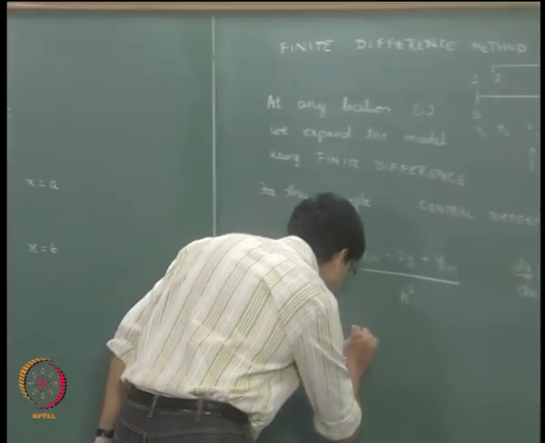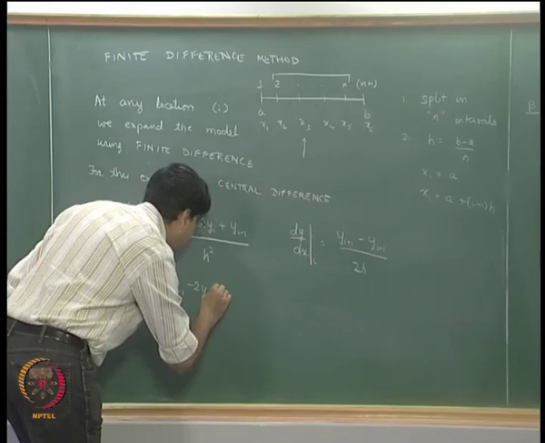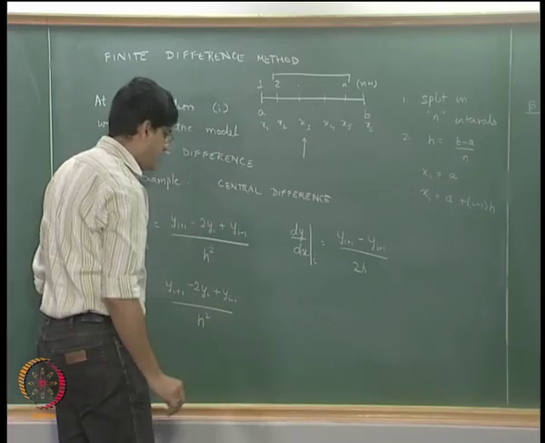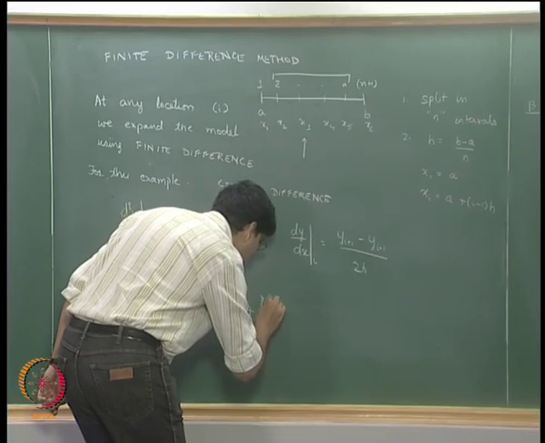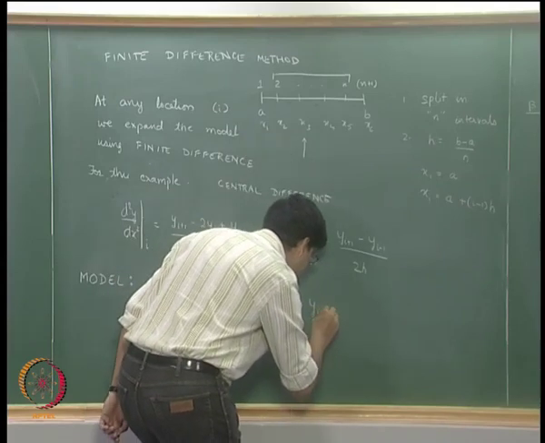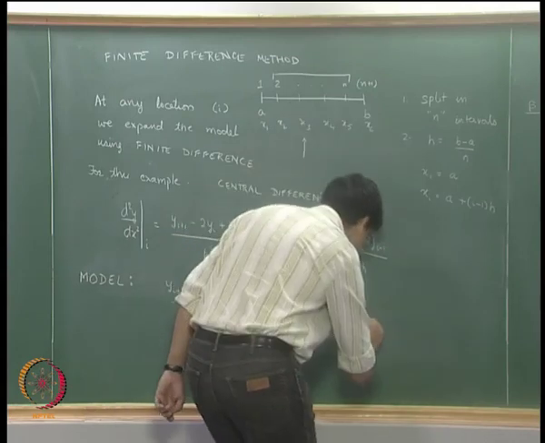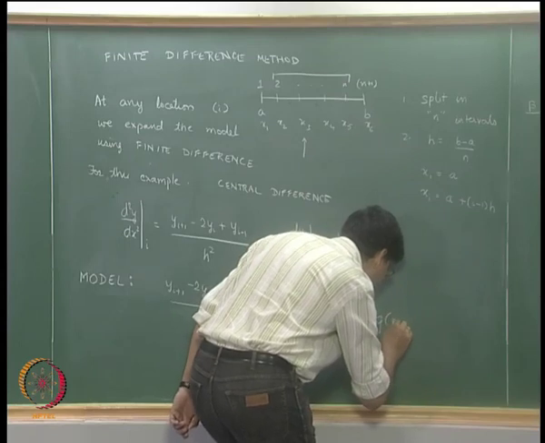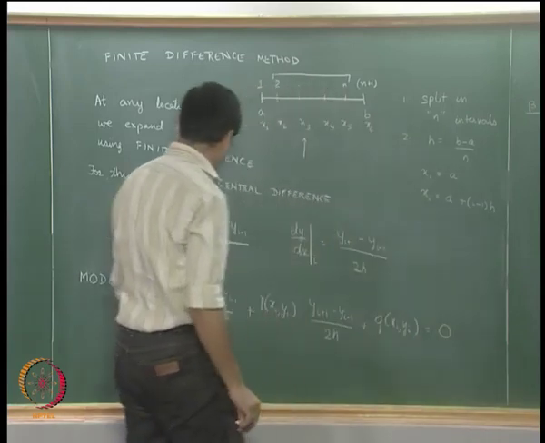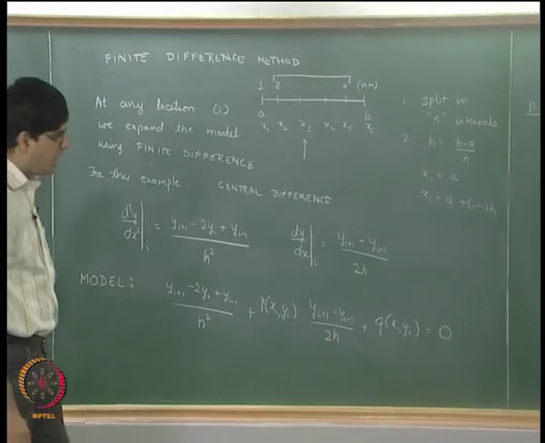So, we will get y i plus 1 minus 2 y i plus y i minus 1 divided by h squared plus p of x i comma y i multiplied by y i plus 1 minus y i minus 1 divided by 2h plus q of x i comma y i equal to 0. So, that is going to be our model.